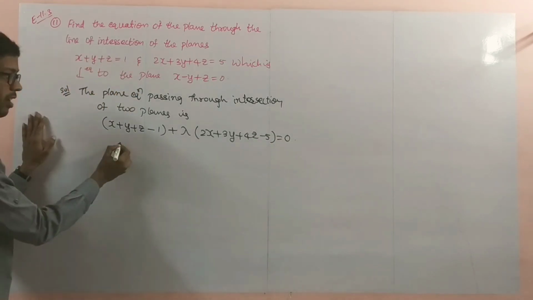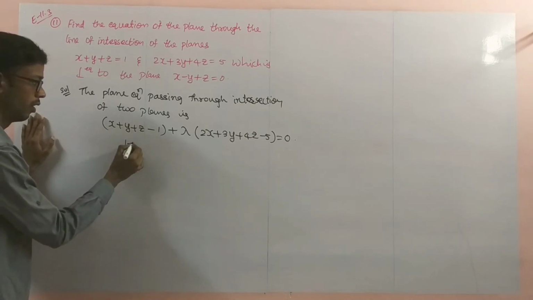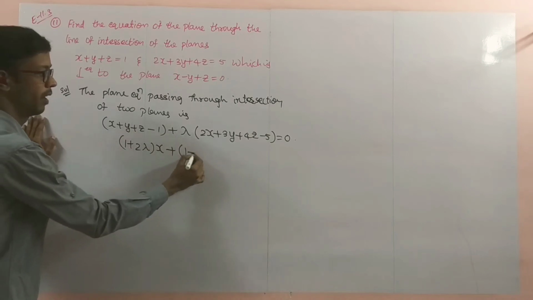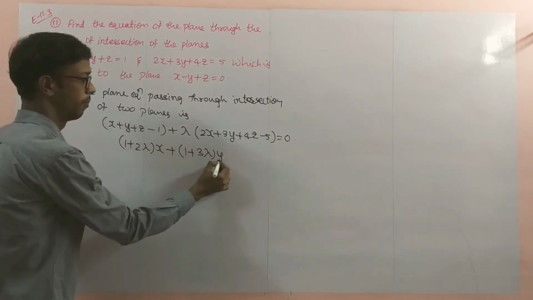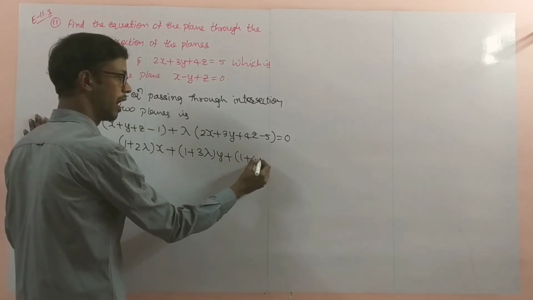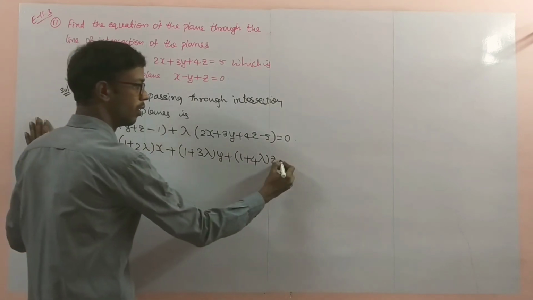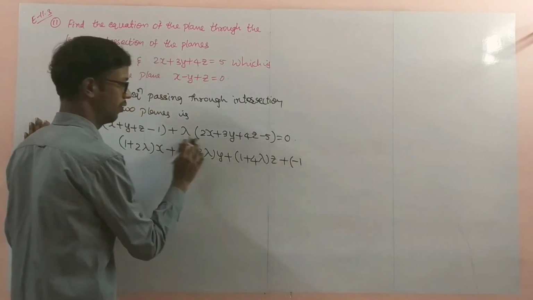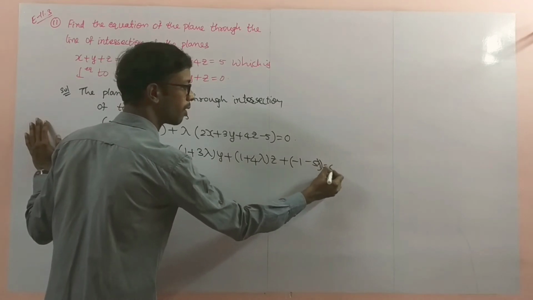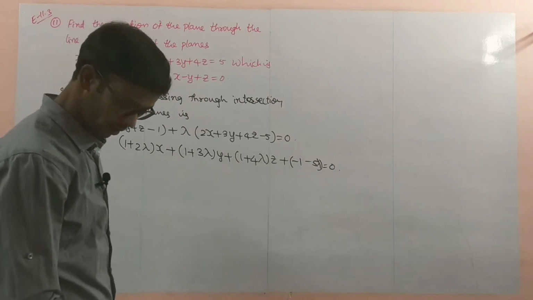Now if you make simplification, 1 plus 2 lambda into x plus 1 plus 3 lambda into y plus 1 plus 4 lambda into z, next one plus of minus 1 minus 5 lambda equal to 0.